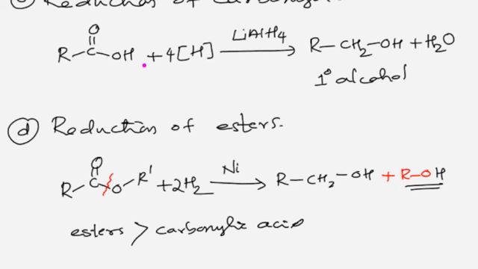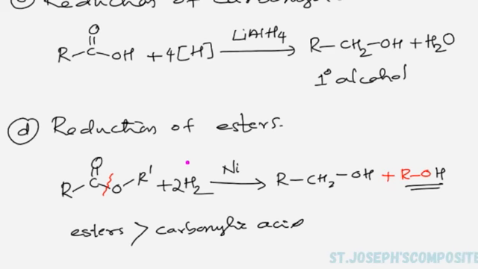But in the carboxylic acid reduction, we need a very strong reducing agent like lithium aluminum hydride. No doubt we can use lithium aluminum hydride in the reduction of ester, but we don't require that. We can reduce esters at a much cheaper cost by using hydrogen gas in presence of nickel.